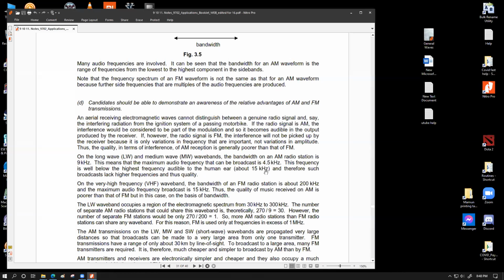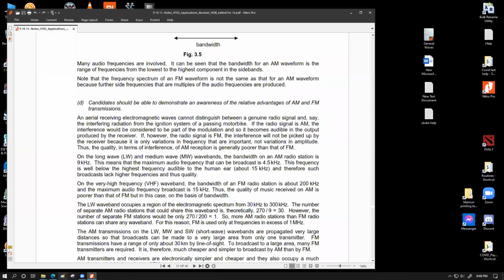This is the total range of frequency variation that we human beings can hear and decipher in our brain. If we use AM, then for these two long wave and medium wave bands, our transmission frequency variation for the information signal is limited up to 4.5 kilohertz.